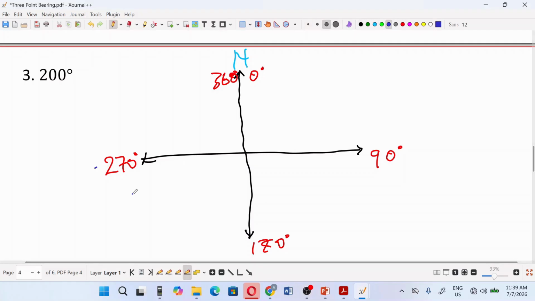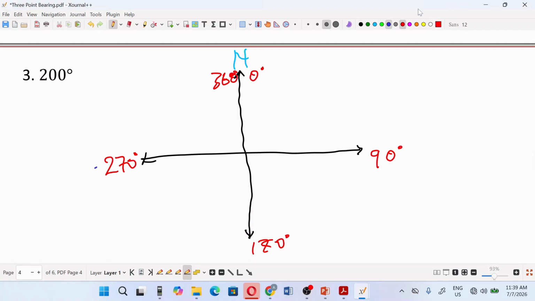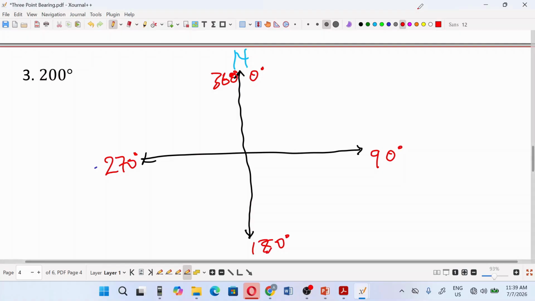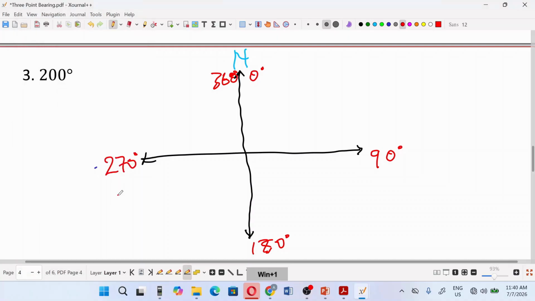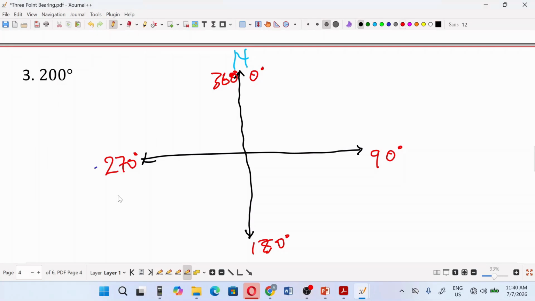And I'm looking for 200. I already have 180 here, and I already have this as 180, meaning I need something more to add to get 200, right? So I'm going to simply say the question that was given was 200 minus the 180 that has already been established. And I know I just need 20 more, right?